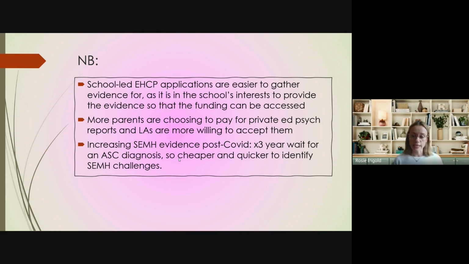So often, to speed up the process and get the EHCP into place, what you'll see in the EHCP is mention of particular traits that are commonly associated with students with autism, and those are often couched within the context of social, emotional and mental health. It's often basically cheaper and quicker to identify SEMH challenges than it is to wait for official SEN diagnoses. And I'll show you an example of that in a moment.